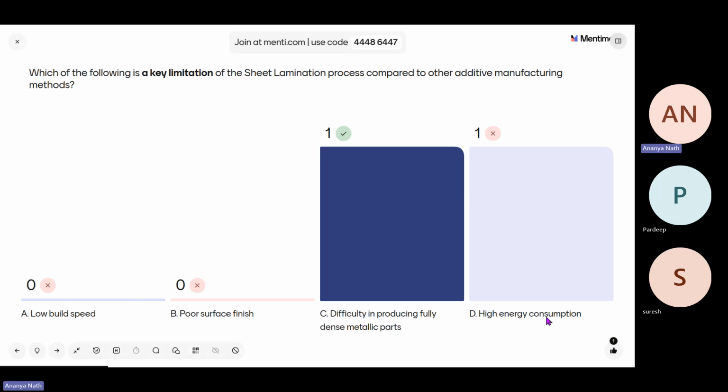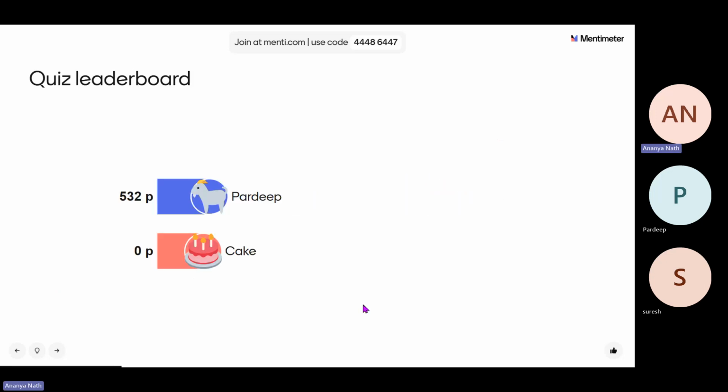Higher heat consumption is not the issue, because very little heat is involved; even the roller does not produce high heat. So surface finish and low build speed are also okay. I mean they are limitations, but the biggest is that you cannot print fully dense metallic parts compared to other processes.